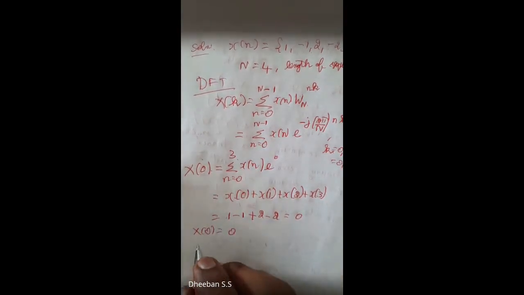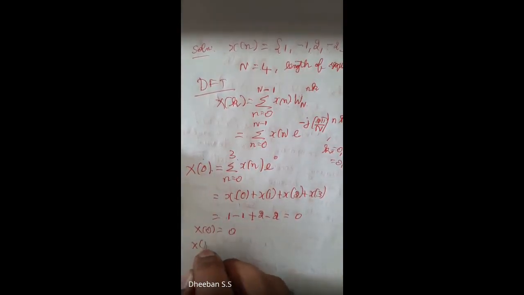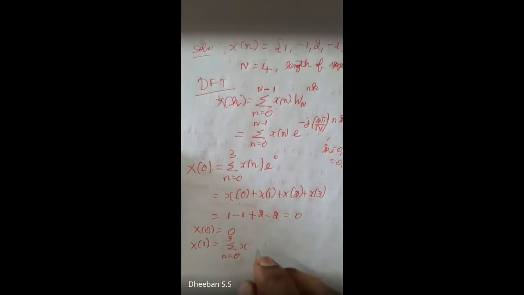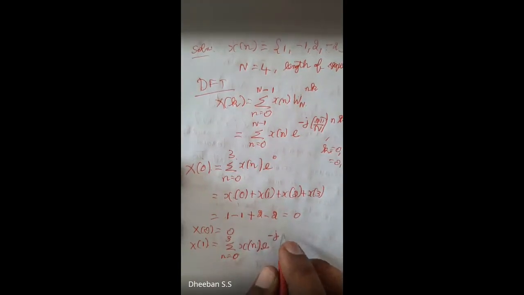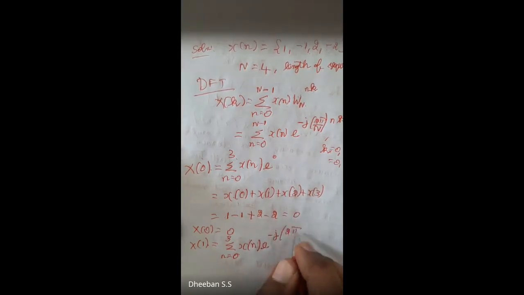Now you have to get X of 1. Then X of 1 value will be summation n equal to 0 to 3, x of n into e power minus the same thing. But the thing is that the k value we put is 1, so it will be 2 pi by 4.